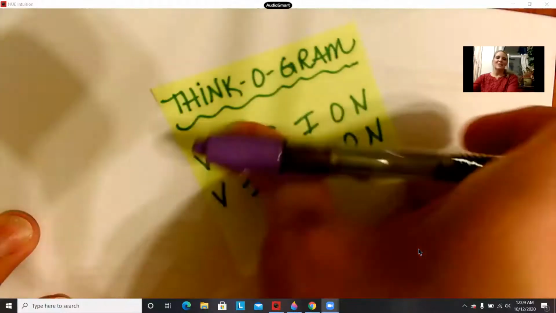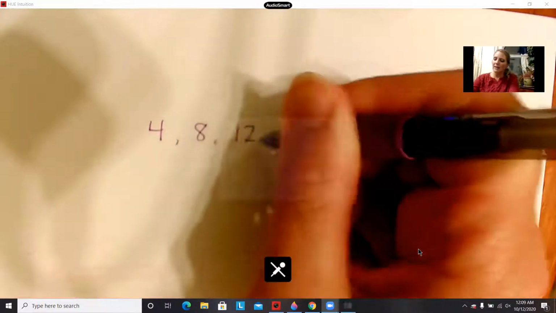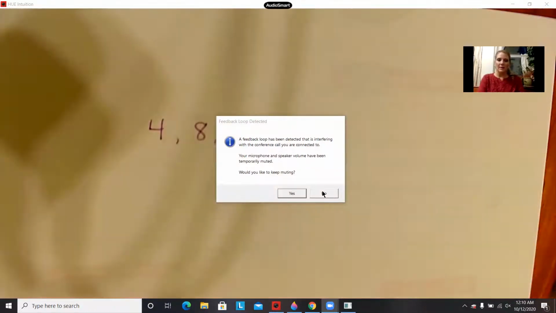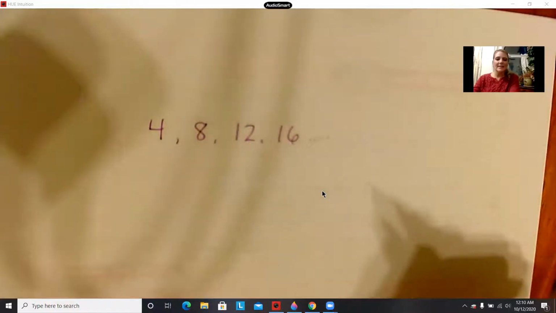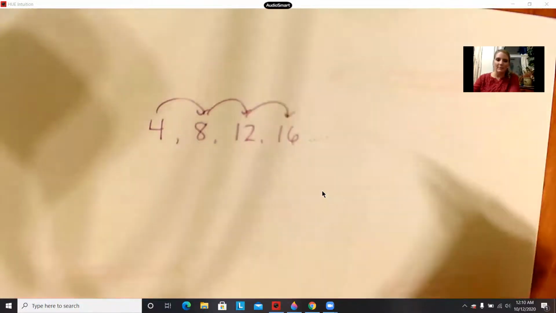All right, so over here, I am going to start with a fairly easy sequence of numbers. We're going to go 4, 8, okay? And I see here that my numbers, as I go on, are increasing, right?